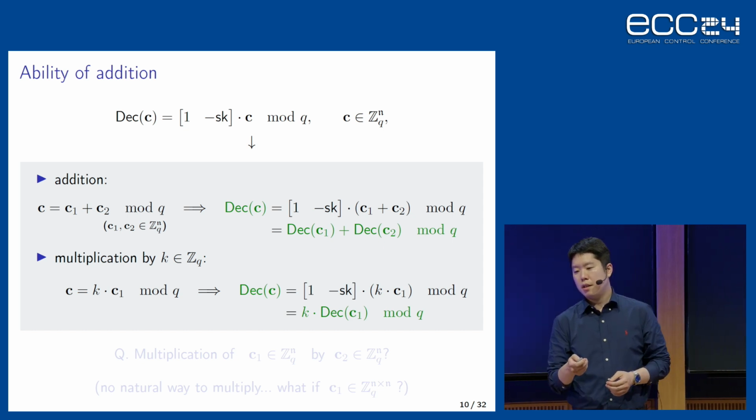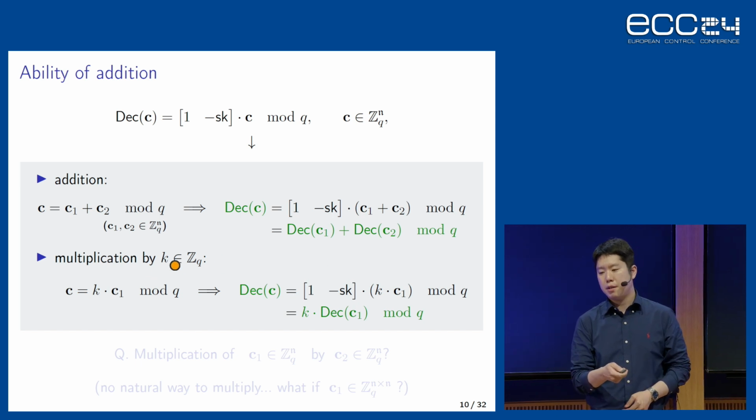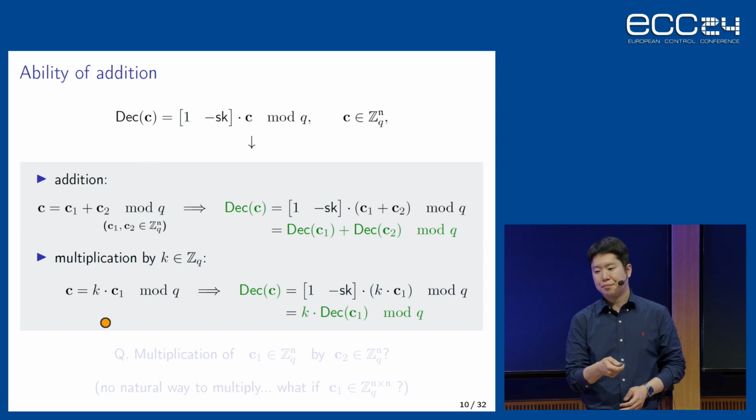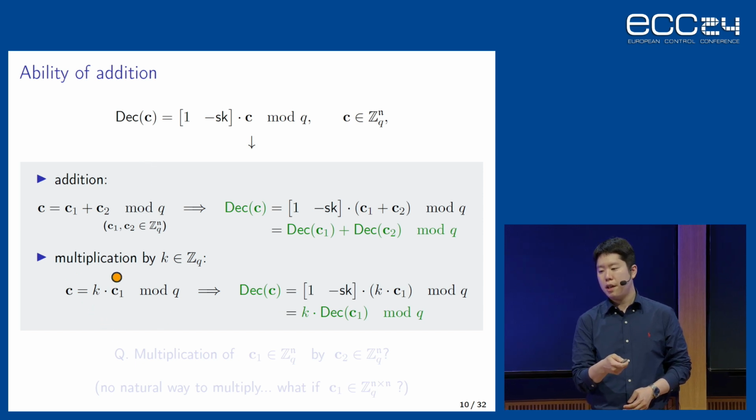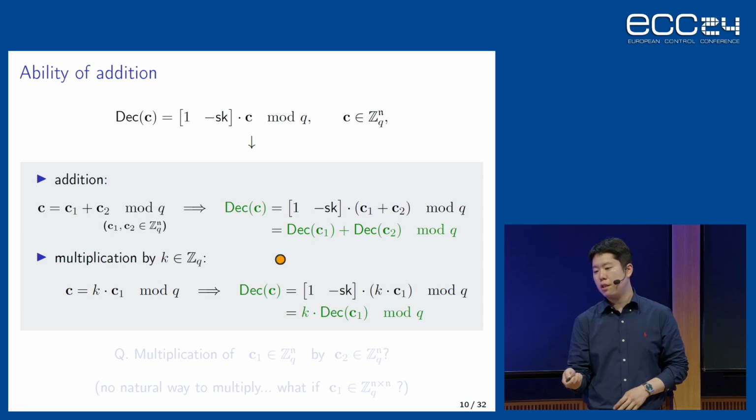Again, it is also homomorphic with respect to integer multiplication, because the decryption operation is linear, so that when you multiply by this number k, the message part will be multiplied k times, and when you decrypt it, you will obtain the decryption outcome multiplied by k.